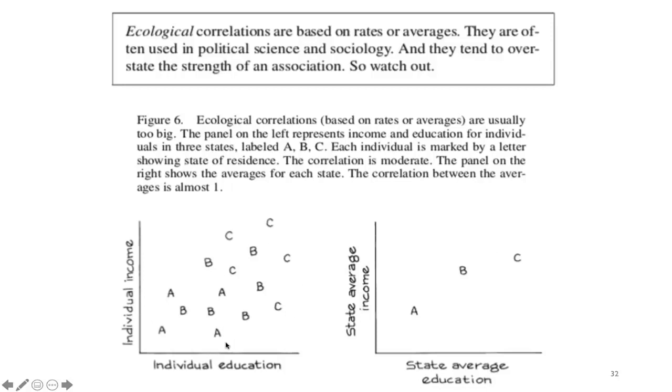There's more spread, but when you replace with the average, we don't see that spread anymore. That's why the correlation coefficient of averages on the right can be misleading, whereas the actual data set indicates that the association is much weaker.